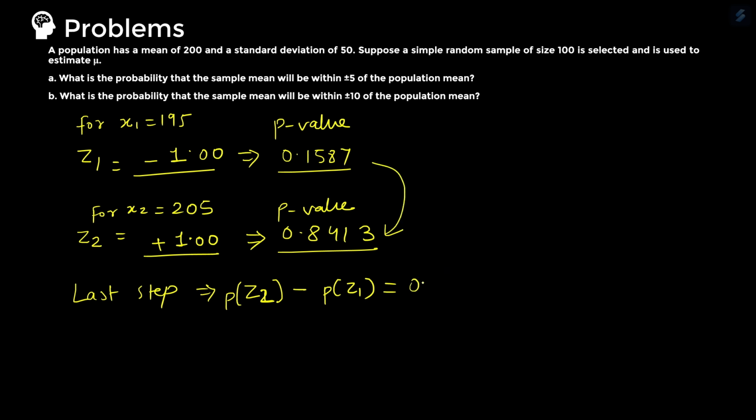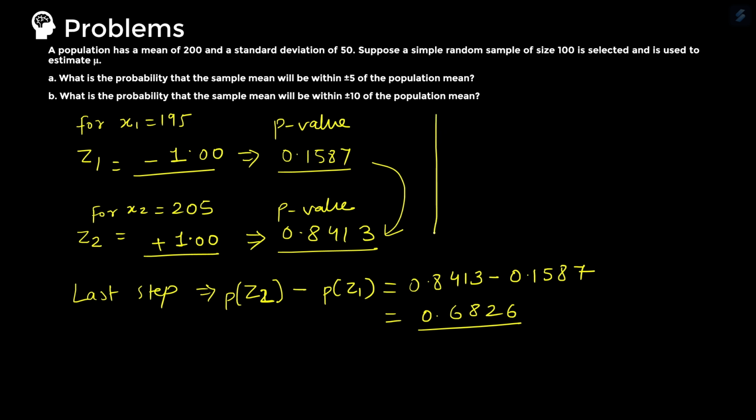Larger minus smaller value. After subtracting this, we get the answer as 0.6826. What does this value signify?